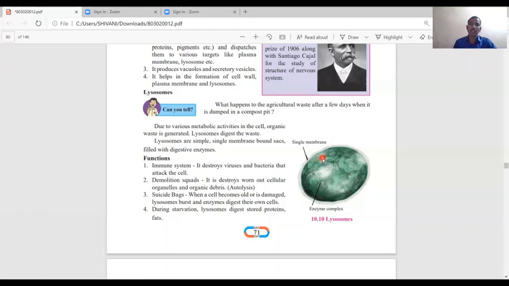When they attack the cell, at that time the lysosome destroys such harmful viruses and bacteria. Demolition squads. Lysosomes also destroy worn out cellular organelles and organic debris.